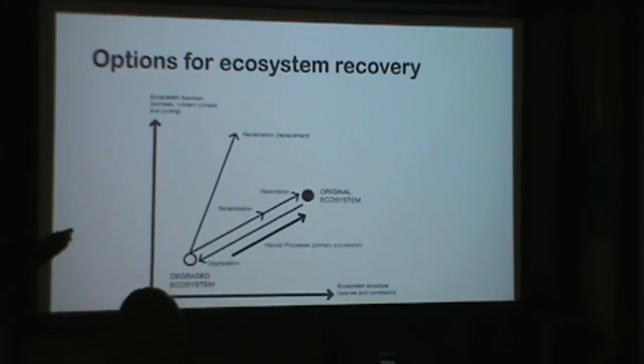And what is ecosystem function? It is the metabolism, the processes, right? Photosynthesis, plant growth, primary productivity, parasitism, herbivory, all these are processes. If you want an analogy with the human body, structure is your limbs.